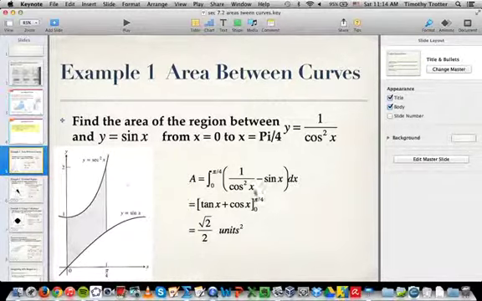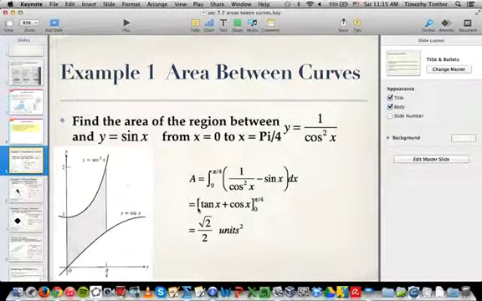So we set up our integral as the upper curve minus the lower curve, and then we set our boundaries from 0 to pi over 4. We integrate one piece at a time. The integral of this, as you might recall, is tangent of x. The integral of negative sine x is positive cosine x.